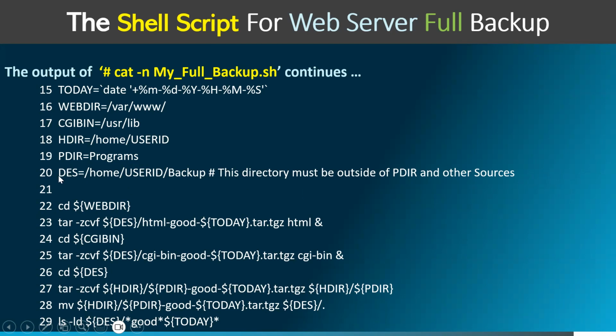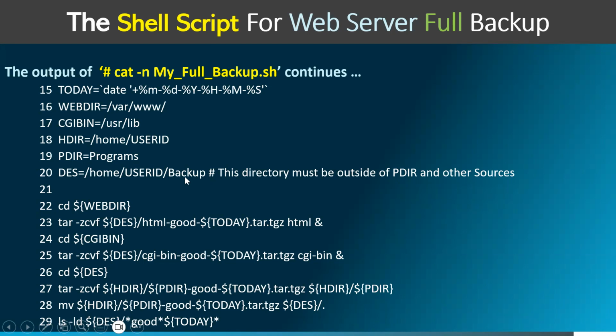Make sure that if you're doing a variable declaration, the multi-line comment has to be either before that one or after it. It cannot be before a new line character. So in this case, the one-line comment I'm writing says the directory must be outside of the program directory and all other sources.